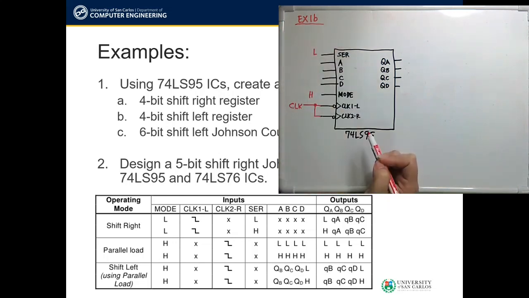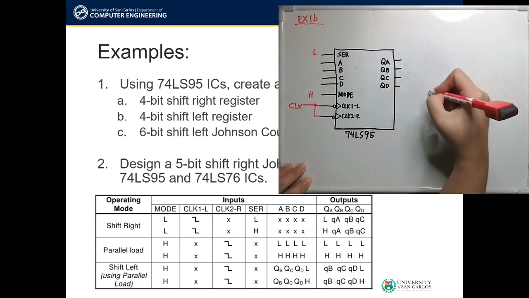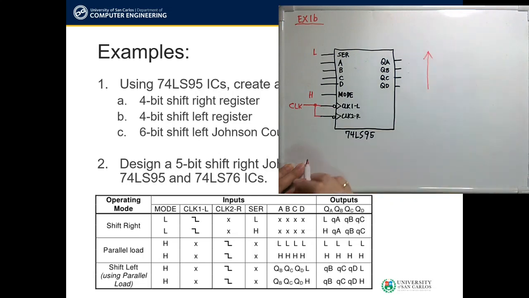Now we perform the shift left operation. Again, we don't have a shift left in this particular IC, but we can do so by using the parallel load inputs. Which means that in the shift left direction, we must go from QD to QA. So in that direction is the shift left operation.